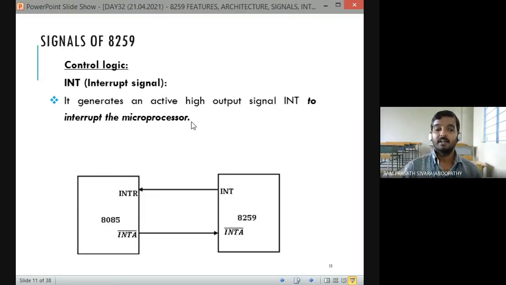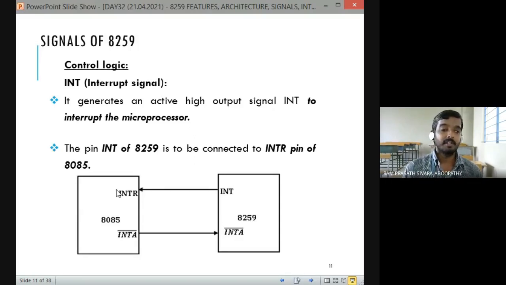Fine. That's why the INT pin of 8259 must not be connected to a vector interrupt of 8085. It must not be connected to any pin of 8085 that has a vector address. That's why we are connecting to the INTR pin. So the INT pin of 8259 must be connected to the INTR pin of 8085.